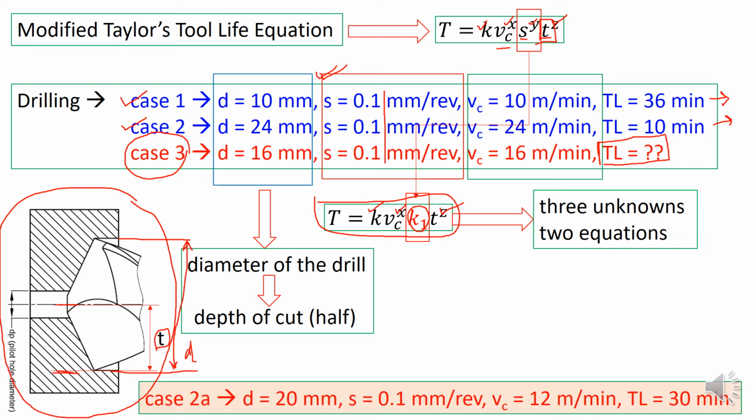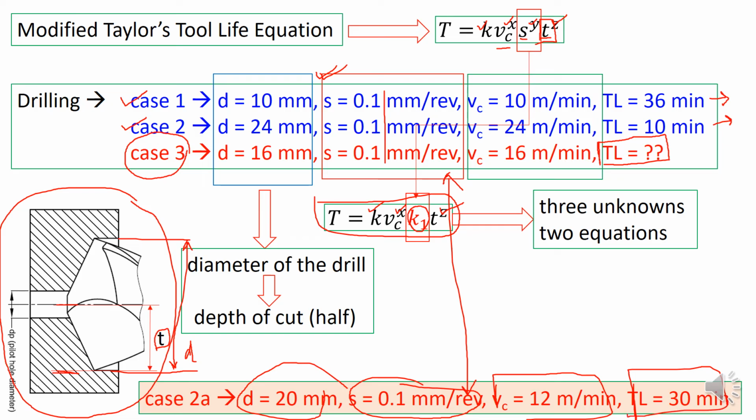So this is the case 2a, the third data point which has been given here, for which diameter is mentioned, feed is mentioned, which remains 0.1 millimeter per revolution. Please compare this with this. Cutting velocity is mentioned and tool life is mentioned.